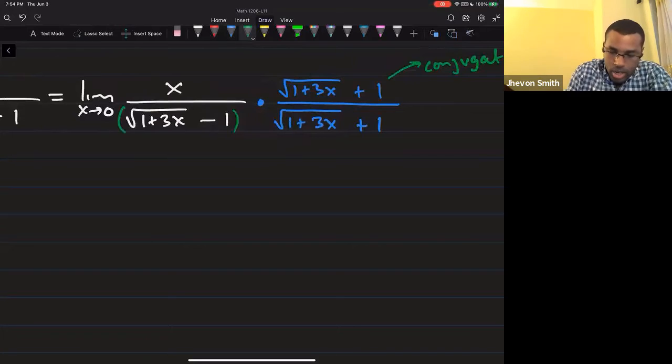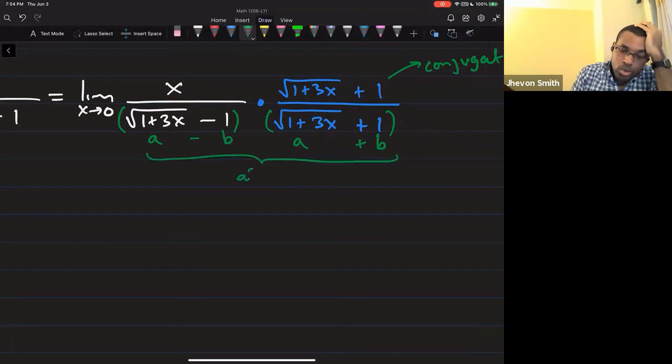Well, remember the point of the conjugate is for us to take advantage of formulas like the difference of squares. Here, if I think of the radical as a and the one as b, then if I take a minus b times a plus b, that would create a squared minus b squared. It allows me to square the radical in place, right?